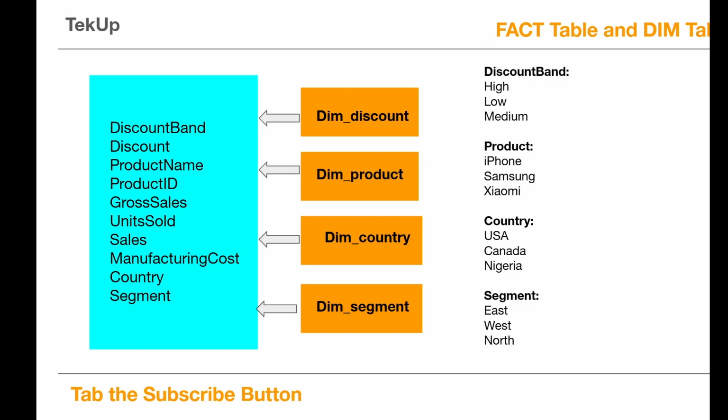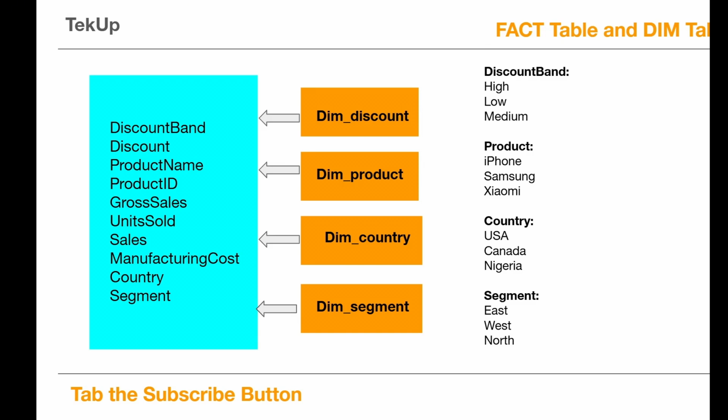Now, let's take a look at this diagram we have here. We have the discount band, where we have high, low, medium. We have the products, where we have the iPhone, Samsung, and Xiaomi. Then we have the country, where we have the USA, Canada, and Nigeria. And we also have segments, where we have the East, West, North, and South.